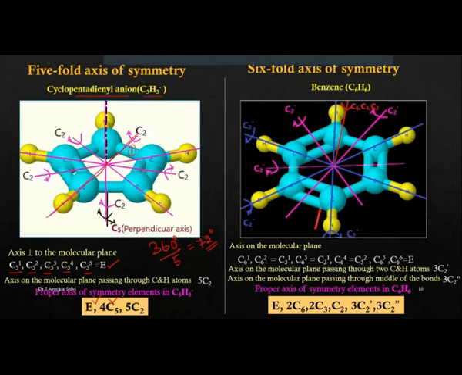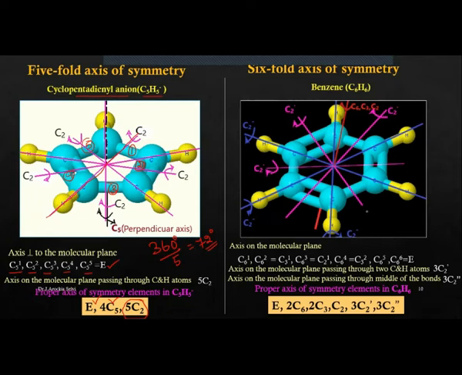This is 1, 2, 3, 4, and 5. So 5 C2s are possible. That is what is represented here. So for the cyclopentadienyl anion, E, the identity element, 4 C5s and 5 C2s proper axes of symmetry elements are present.